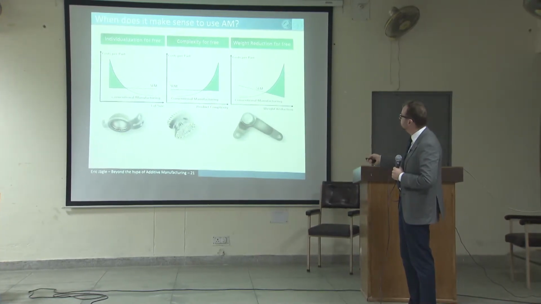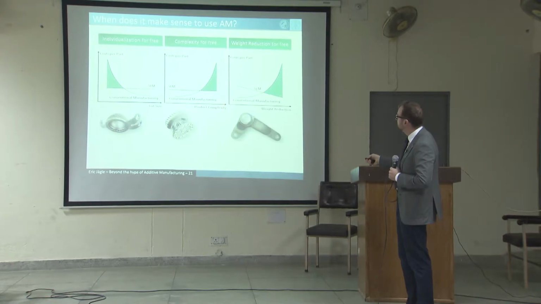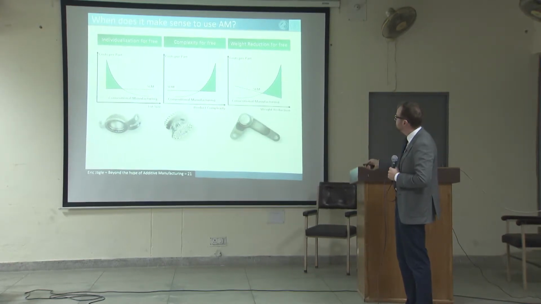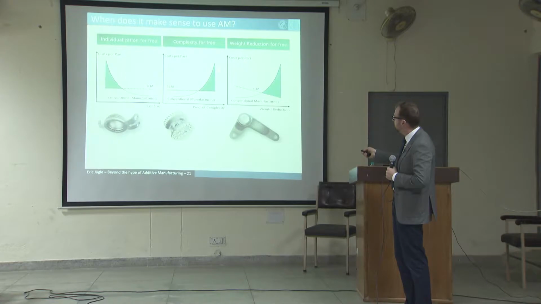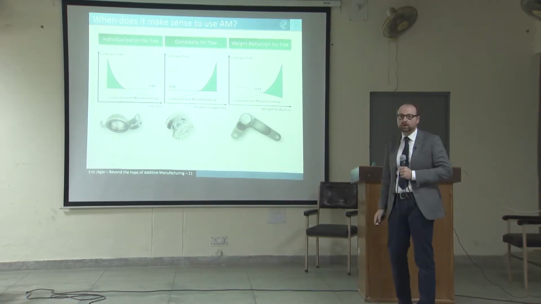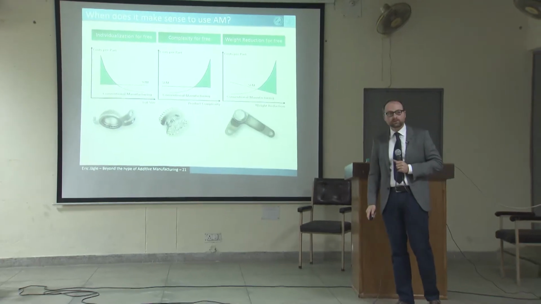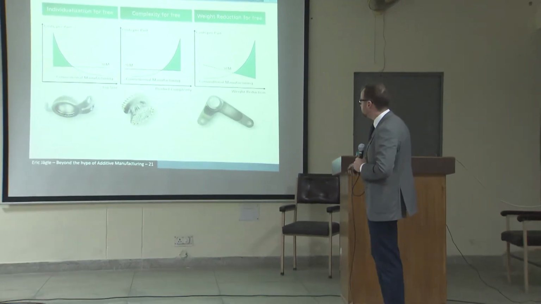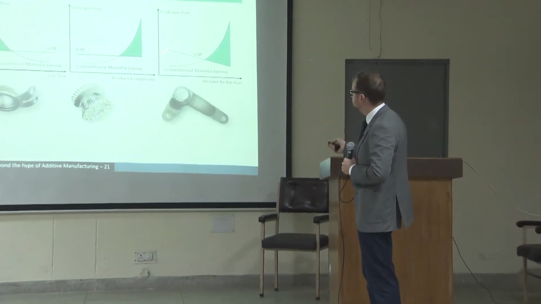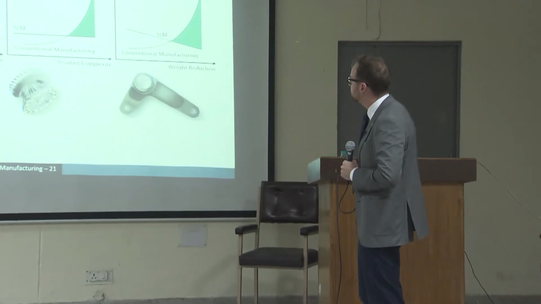Now here, what people call complexity for free, you have of course the product complexity on the axis, and the more complex a part gets, the more difficult it becomes to produce it, for example, with milling. So again, additive manufacturing has a big advantage. Finally, weight reduction for free. This is very much connected to this complexity for free.